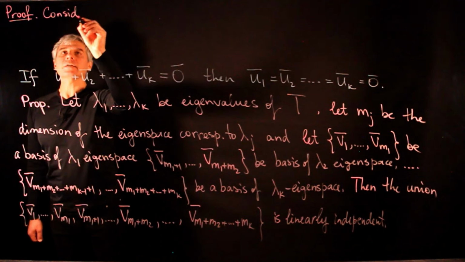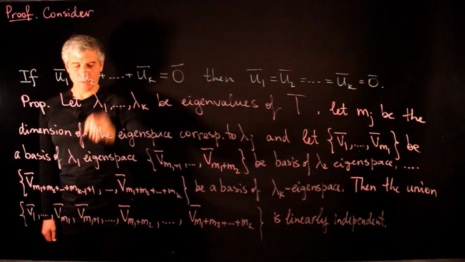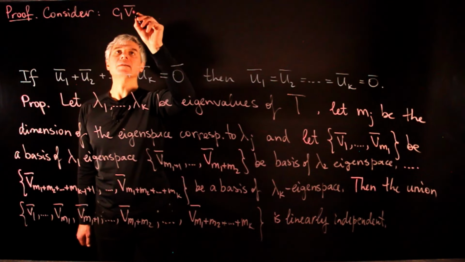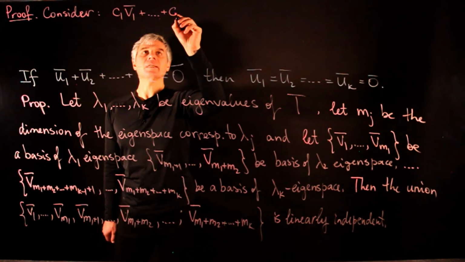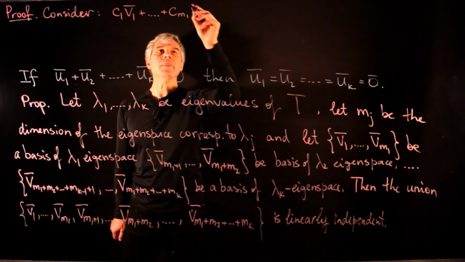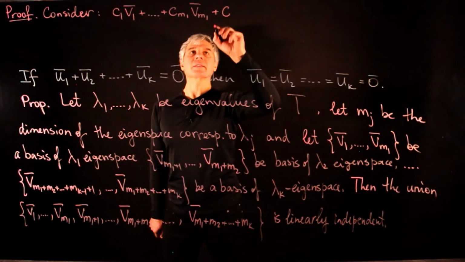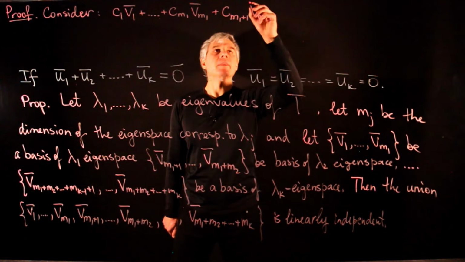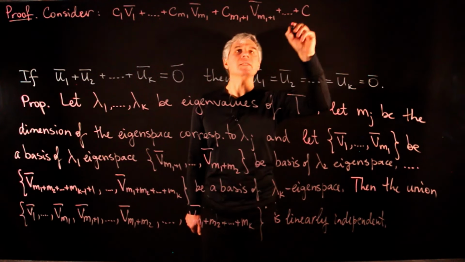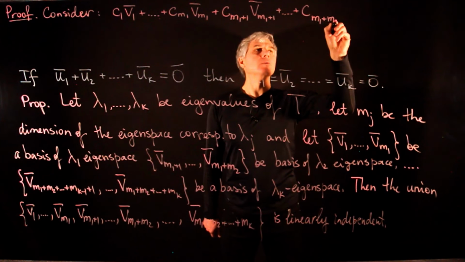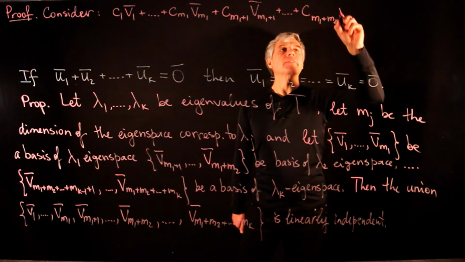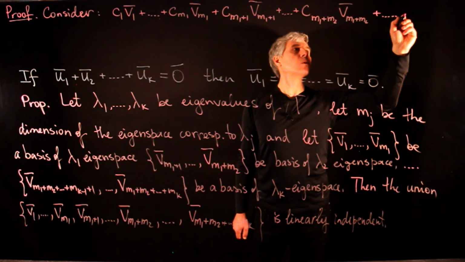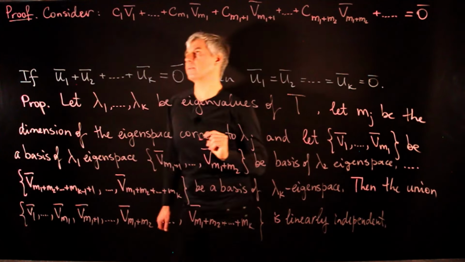Consider a linear combination of these vectors. So c1 v1 plus cm1 vm1 plus cm1 plus 1 vm1 plus 1 plus cm1 plus m2 vm1 plus m2 plus dot dot dot all these vectors, and we equate this to a zero vector.